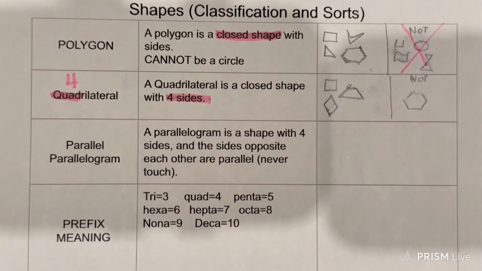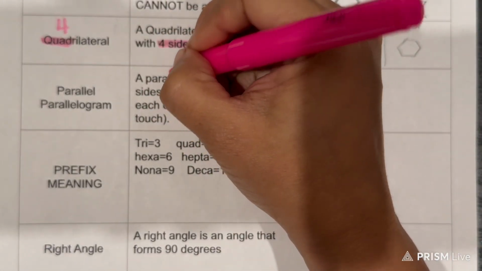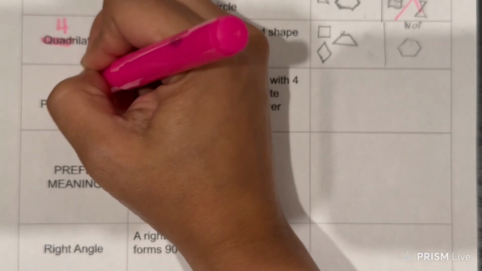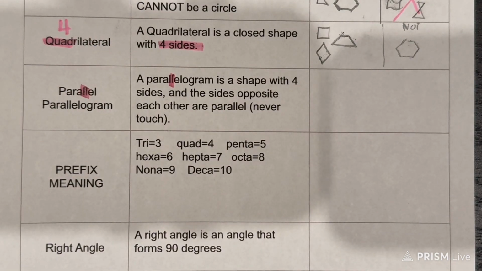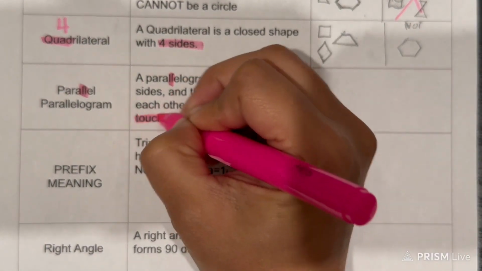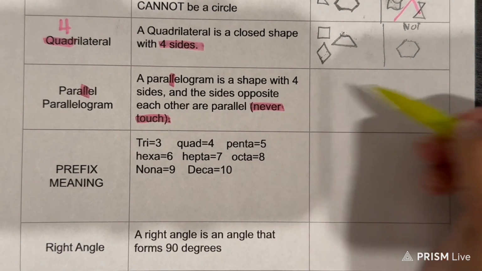Okay? Parallelogram. One way that I like to think of parallelogram is these 2 L's here side by side to each other. They never touch. A parallelogram is a shape with 4 sides and the sides opposite each other are parallel. Parallel means that they never touch. If you are parallel, you are side by side.